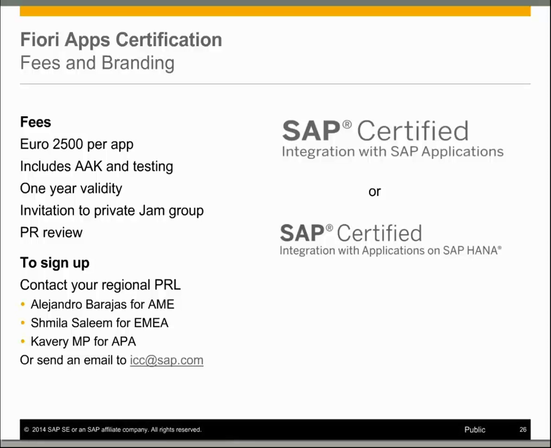And finally, a press release review. Once you complete your certification, you can have a press release for your certification, and you can forward this press release to us. We will get this reviewed by our global communication and marketing team, just to make sure you're using the branding correctly, using correct terminology and things like that. So this is also included in your certification fee.